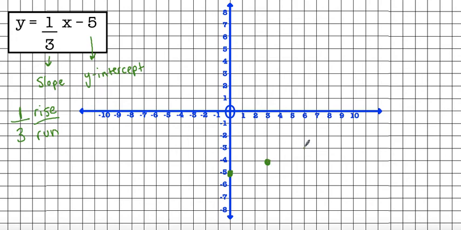Then we could plot another one, or even a second and a third coordinate if we wanted to. Here I have 3 coordinates, which is more than enough, and all I have to do is connect them. And draw an arrow at the end to show that this keeps going.